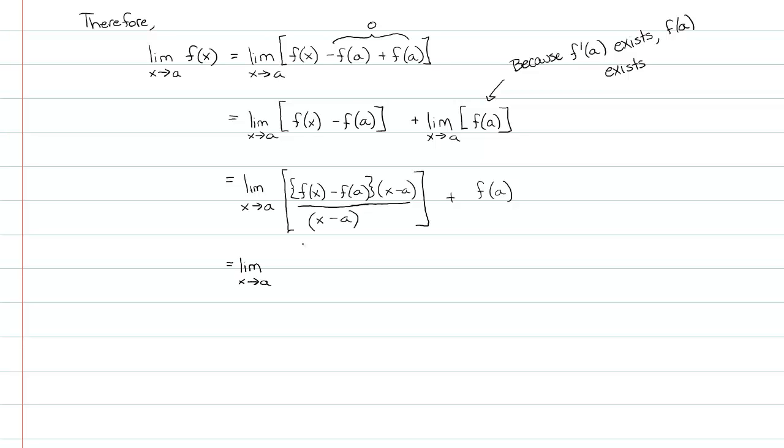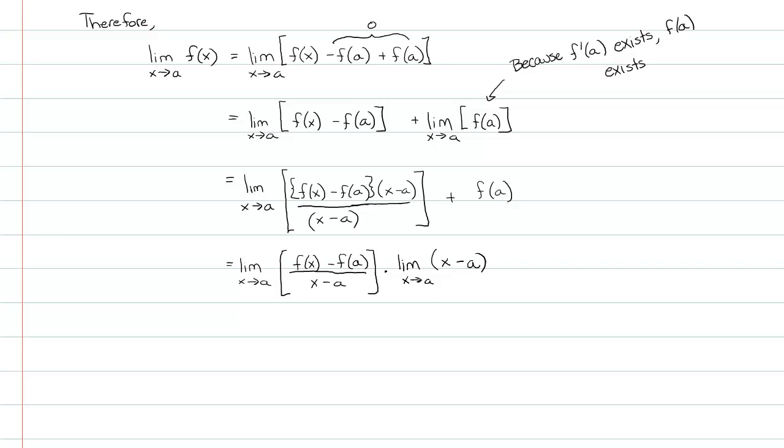I'm going to split this into f of x minus f of a all over x minus a. That's that first limit. And then times, so I'm splitting this limit as well. So I've done a double split, but again, in the end, I'm going to go back through and make sure that I could have done that.